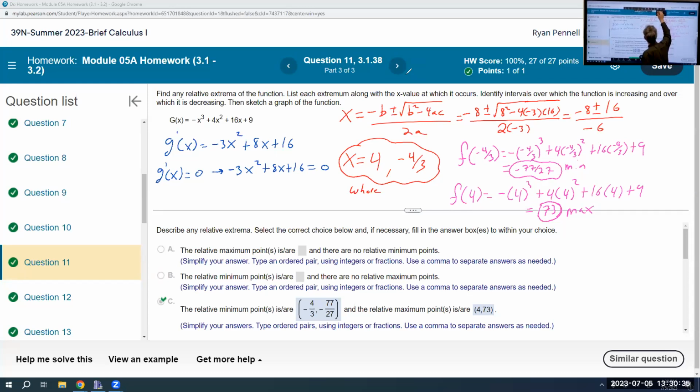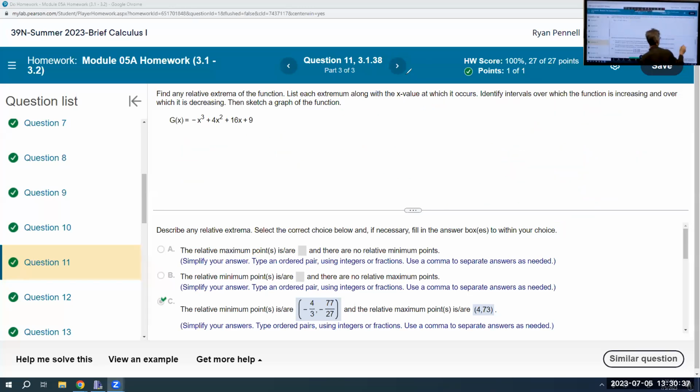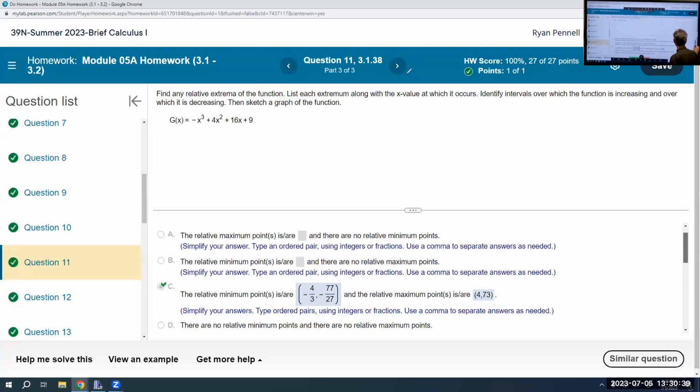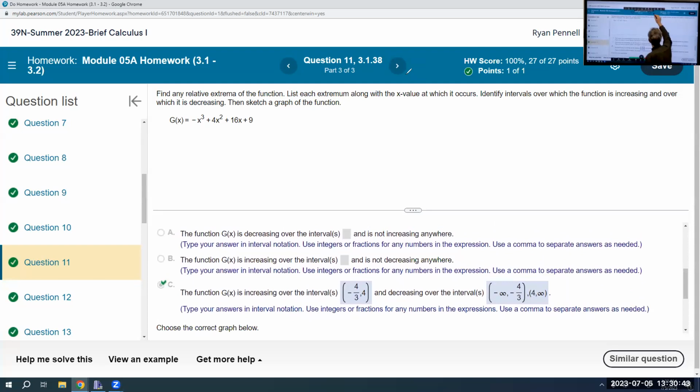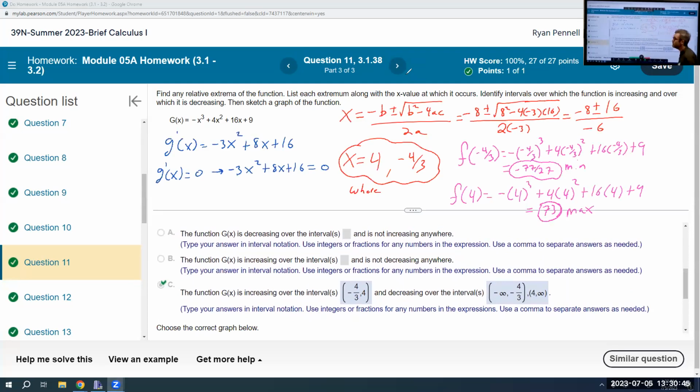Let me move down because it looks like there were other parts to the question, to answer everything. Increasing, decreasing. How do you find where it's increasing, decreasing? Let me write something down and then I'll clear my screen.